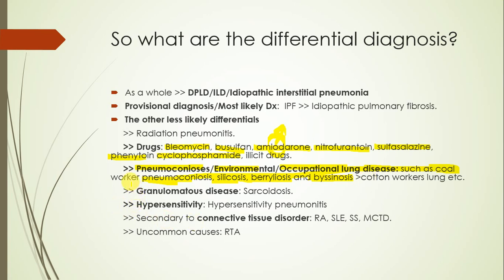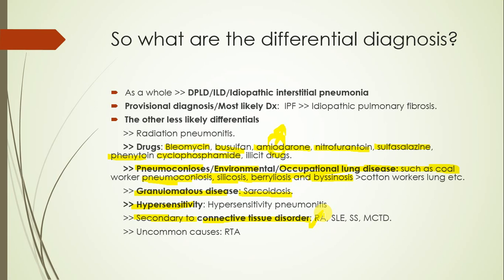Other differential diagnoses might include granulomatous disease, such as sarcoidosis, but this is very unlikely in this patient as the patient is older and she is not from an African or African American ethnicity. So you might remember the common demographics for sarcoidosis, which is a young African American woman. Hypersensitivity, maybe, and the big group that belongs to secondary causes such as connective tissue disorders, which are commonly rheumatoid arthritis.